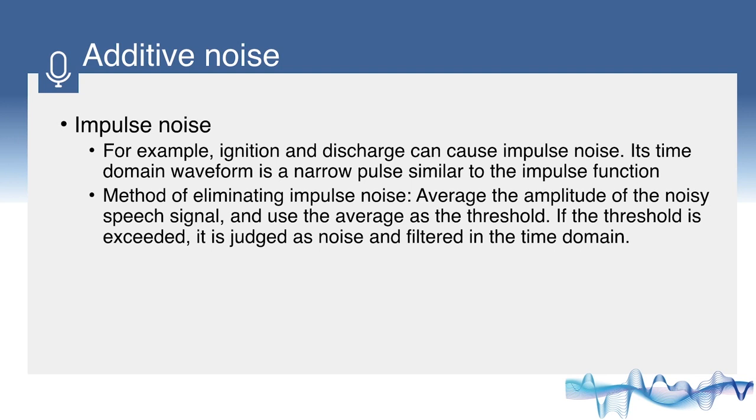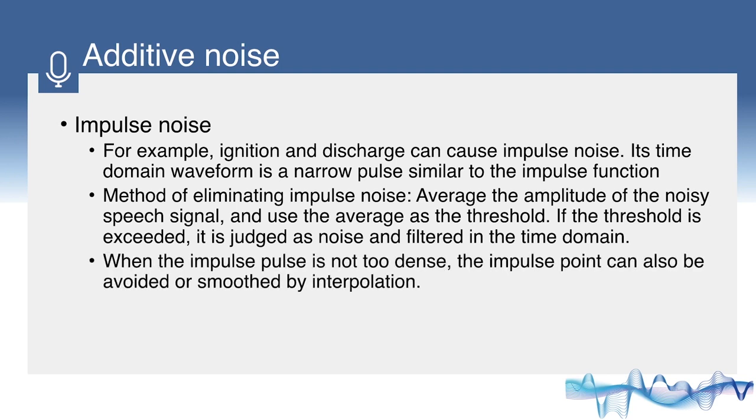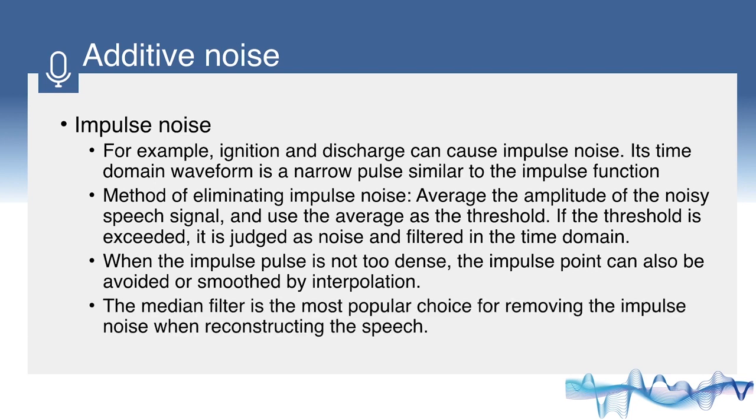If the threshold is exceeded, it is judged as noise and filtered in time domain. When the impulse pulse is not too dense, the impulse point can also be avoided or smoothed by interpolation. The median filter is the most popular choice for removing the impulse noise when restructuring the speech.